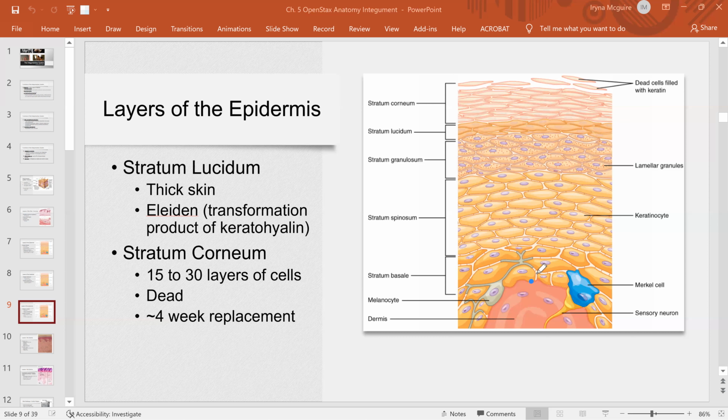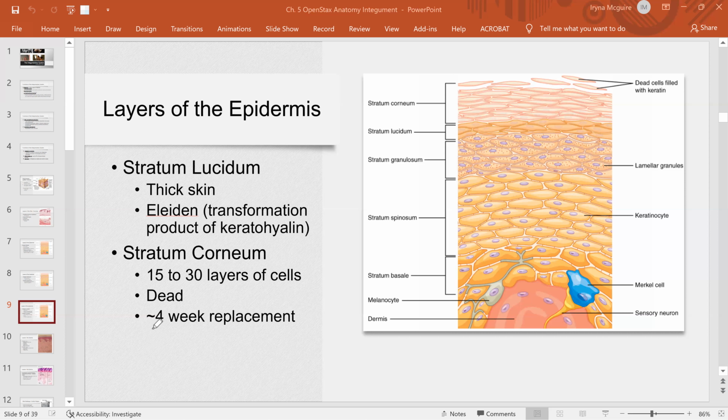So for example, if this cell is just formed, then another cell will be formed and push this cell up. For this cell to travel from stratum basale all the way to stratum corneum, and then finally be flaked off, or shed off the surface, would take about 4 weeks.